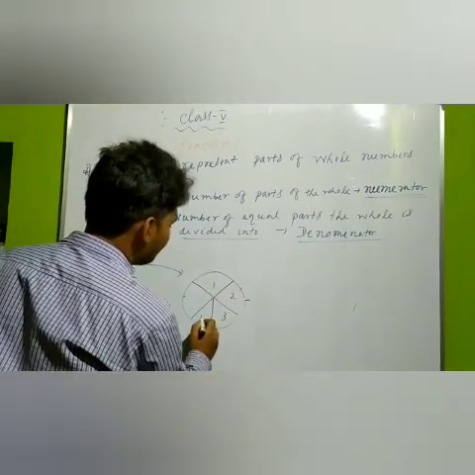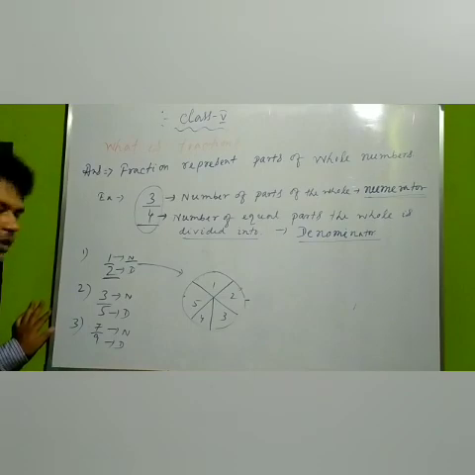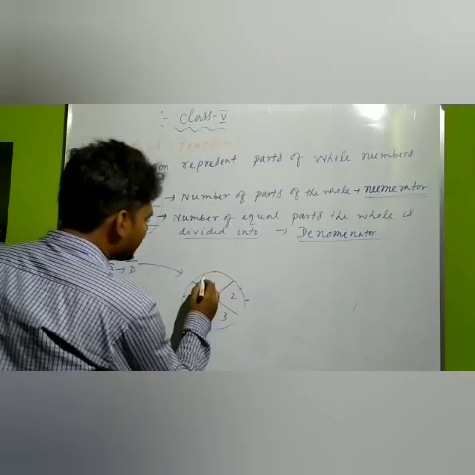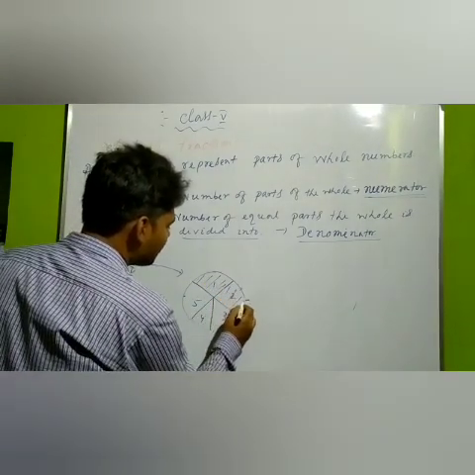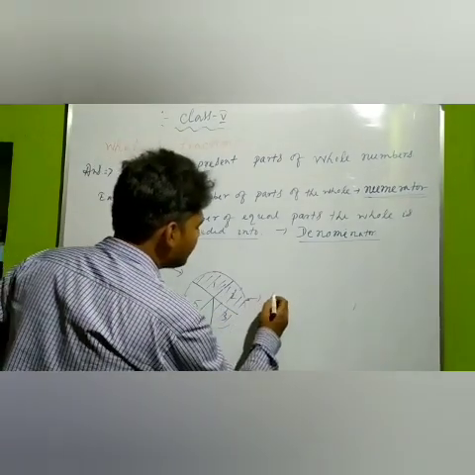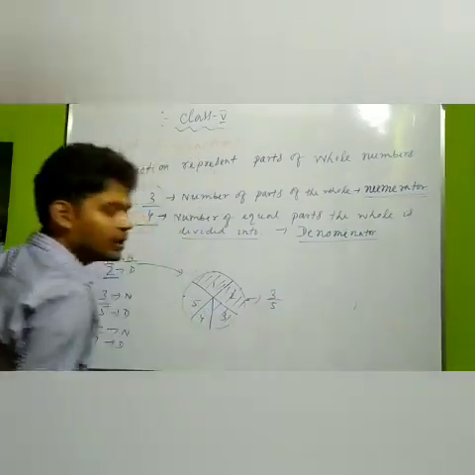One, two, three, four, 5. 5 equal parts. Now if you take 3 parts out of this 5, then this will be represented by the fraction 3 by 5.